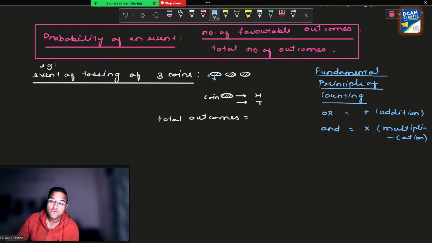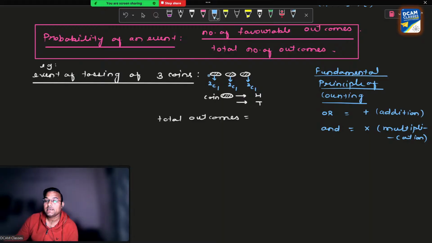Here, when you're tossing one coin, you have two outcomes, head or tail. You have to choose one outcome, so it will be done in 2C1 ways. Either you'll get head or tail. Again here also 2C1 ways, here also 2C1 ways.